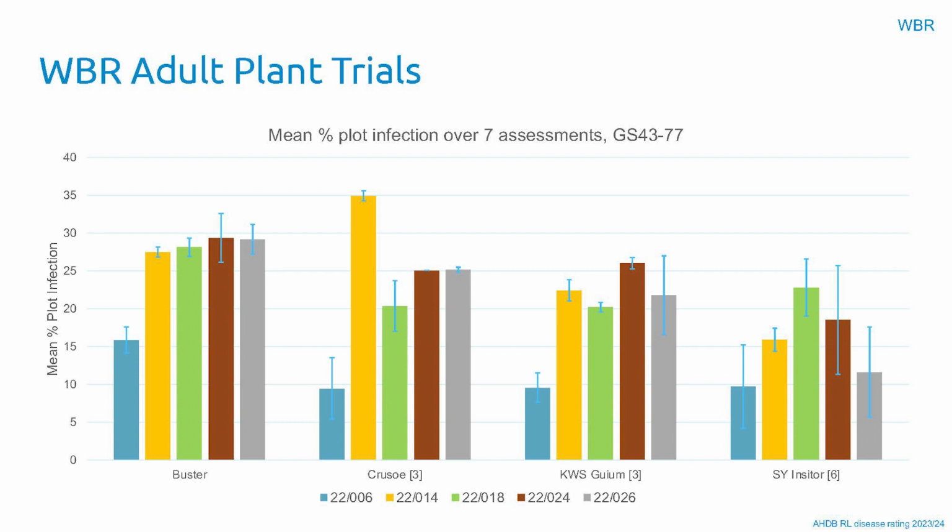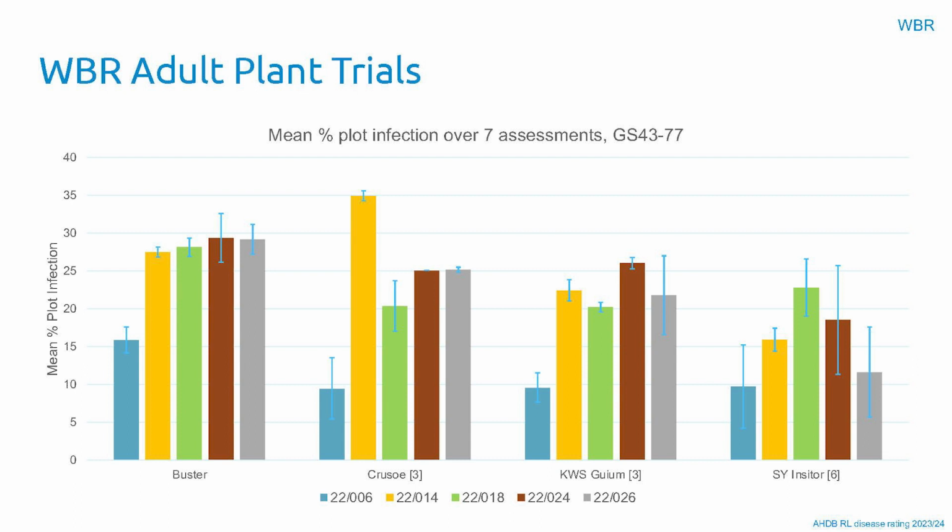RGT Wolverine, again, was susceptible with all 5 isolates. Merit with a rating of 7 and LG Prince with a rating of 7 showed very similar disease levels to each other, and saw higher levels of infection with 22014 and 2218.